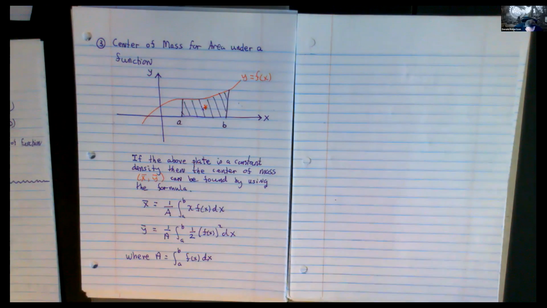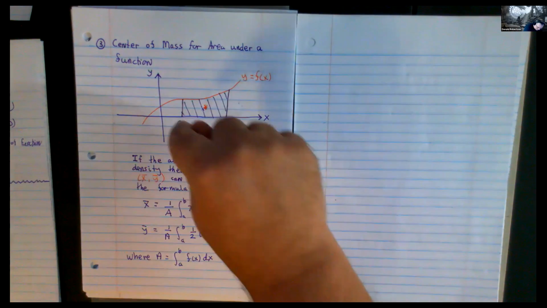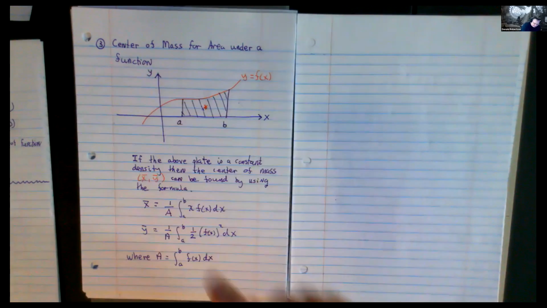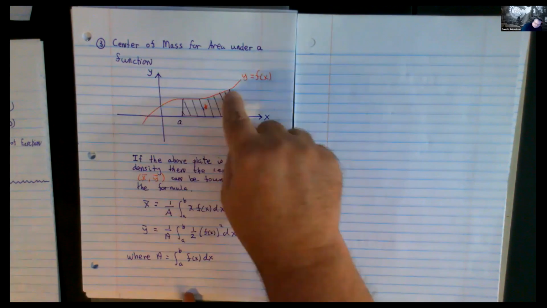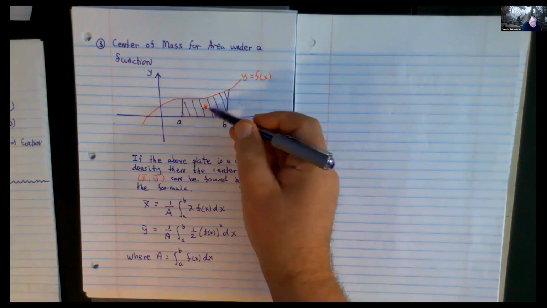How do you find the center of mass when your shape is this shaded bit? So it doesn't have points at each corner that weigh things. Can you imagine this piece of cardboard, same thickness, same density? Where would the center of mass go? I'm saying roughly where that asterisk is, right?